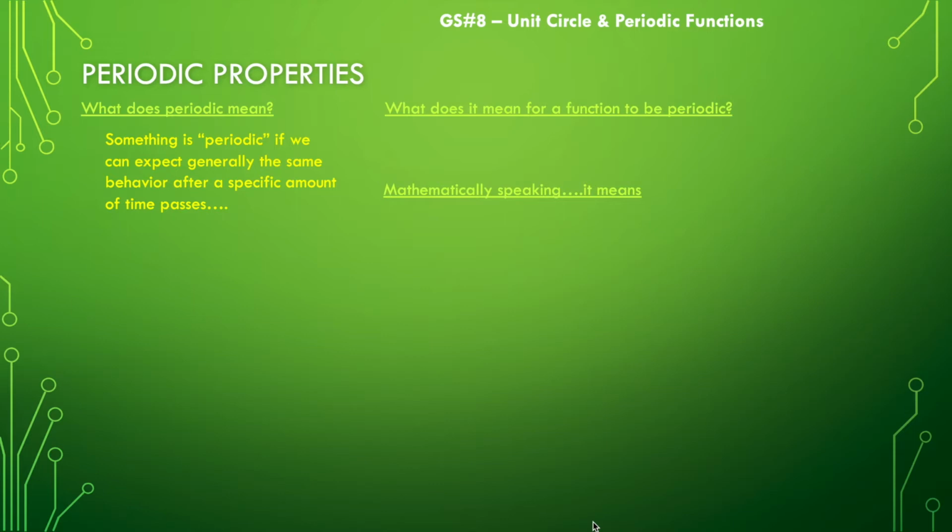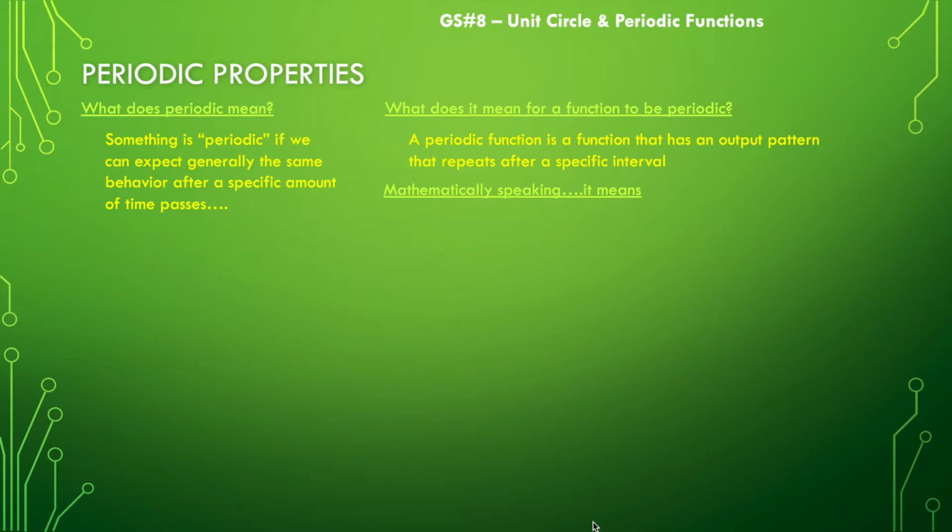So what does it mean for a function to be periodic? Well, when a function is periodic, it means it has an output pattern that repeats after a specific interval. So it may take 2 units for that function to repeat or 250 units for the function to repeat, but it's got a repetitive nature to it.